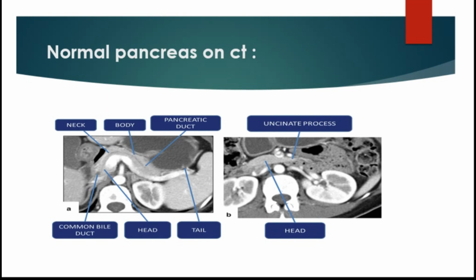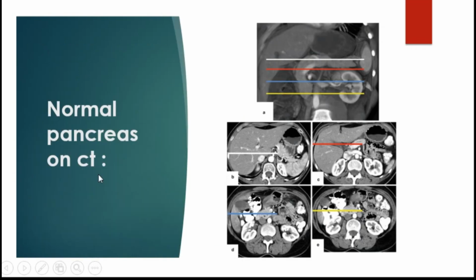Okay, and this is the CT of the pancreas. This is normal. How does it appear on the CT? This is the head, body, and this is the tail. Also this is the common bile duct. This is the pancreas.